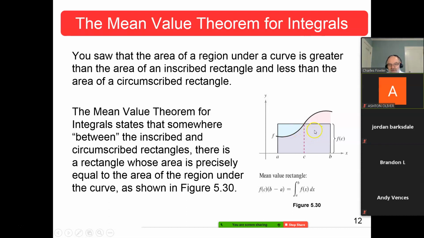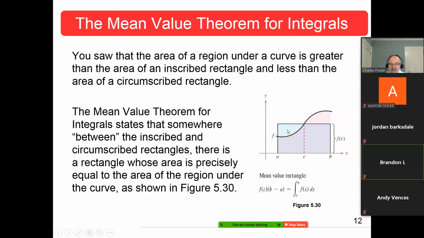Sure enough, it looks like the little light blue area here overshoots this part in here, but the pink area here undershoots the part here. The part here undershoots by that much, and this one overshoots by that much.